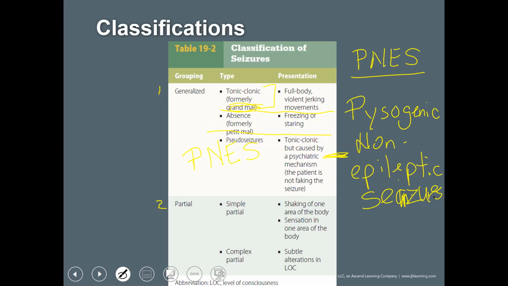And it could be that they're confused, they have hallucinations, they're just not able to speak. Could be that their eyes or hand or head just starts to make these very small movements. And once it's over, they just carry on. Sometimes they get rather combative and angry. So a lot of times you just kind of stay out of their way until it's over with. So complex partial seizures.